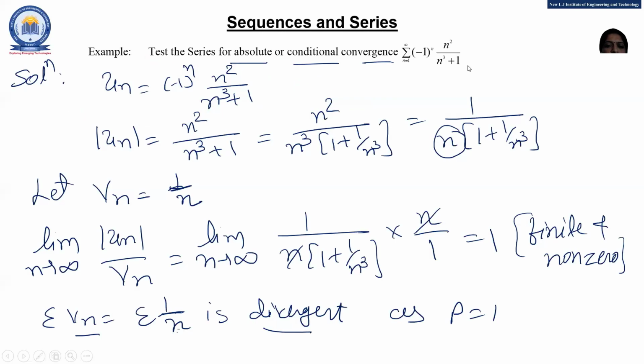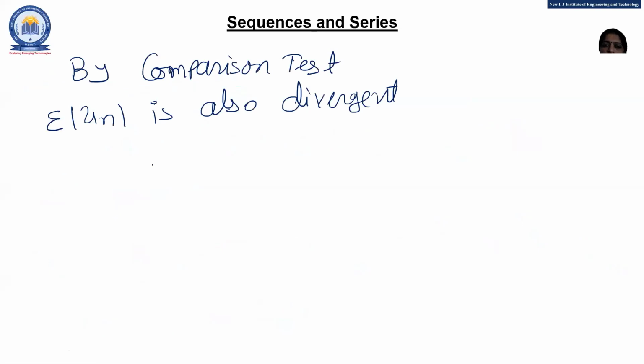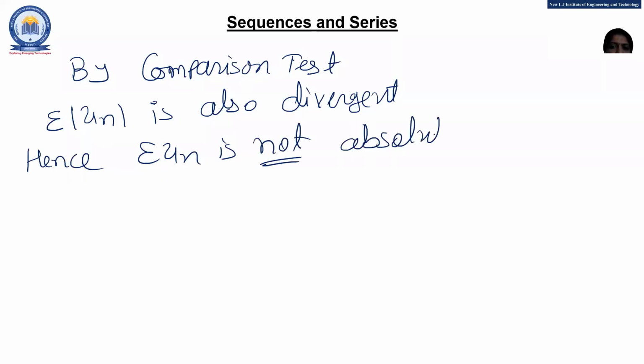So here mod Un is divergent, hence series Un is not absolutely convergent.